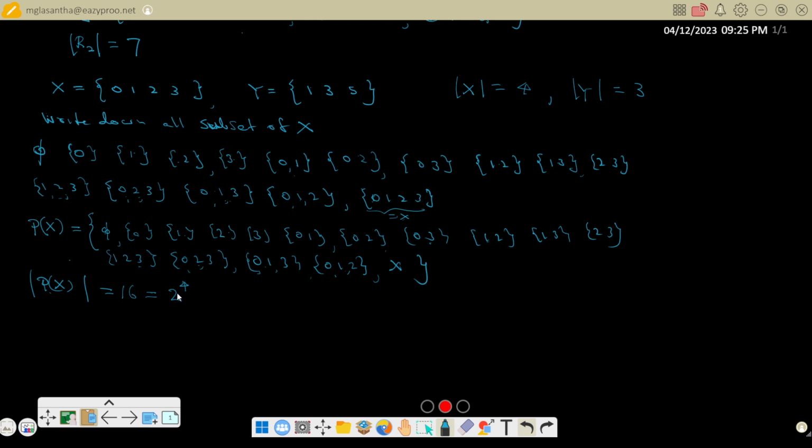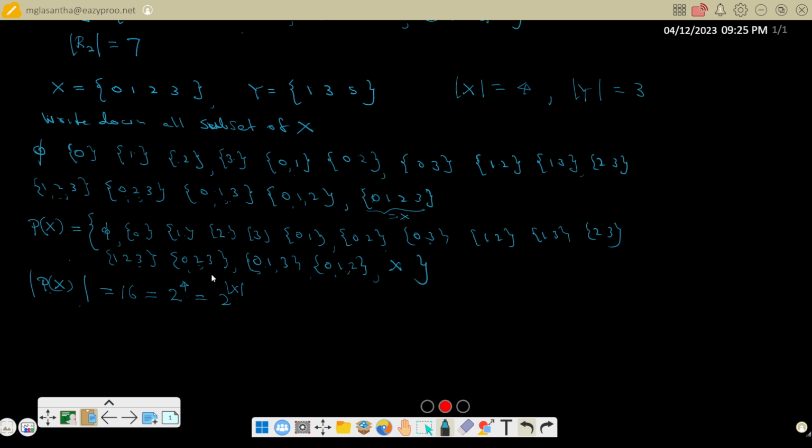This is actually 2 to the power of the cardinality of X, and the cardinality of X is 4. That's how you get it. The cardinality of the power set is always 2 to the power of the cardinality of X.